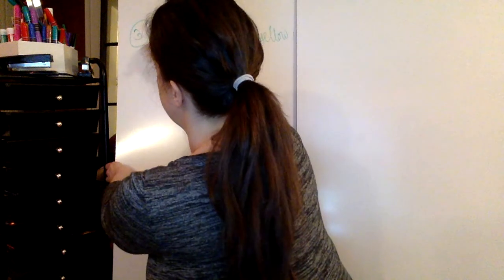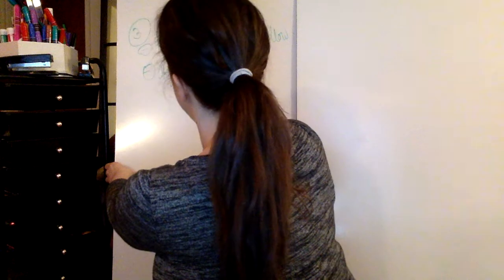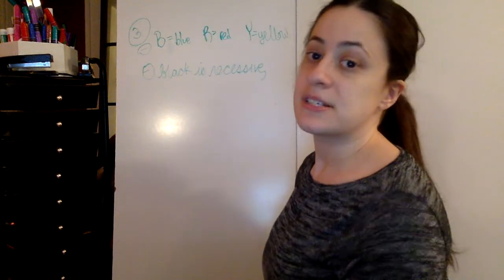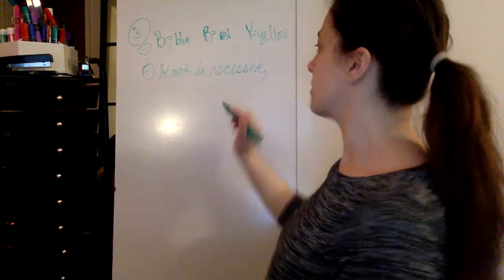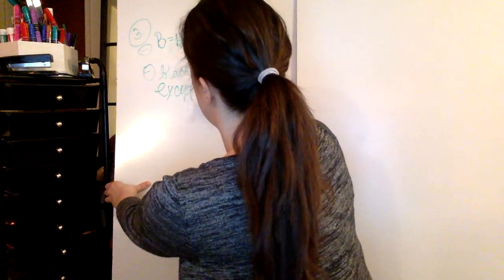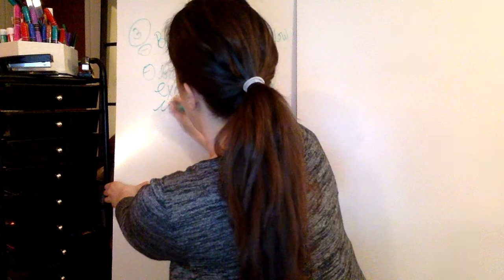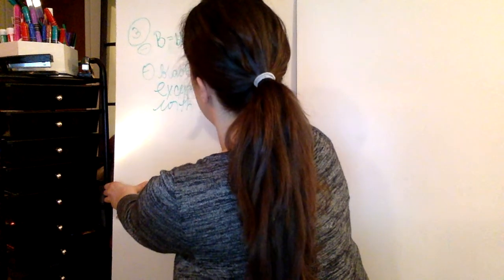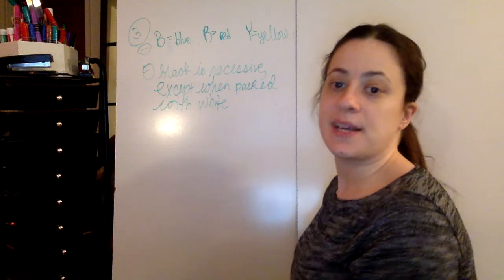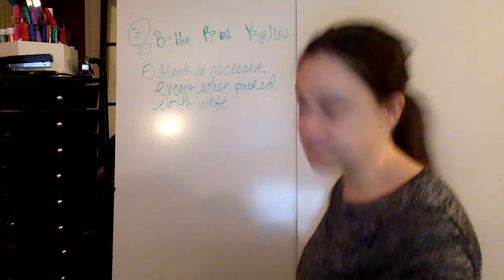So the answer is that black is recessive, except when paired with white. In general, both the black and white alleles are recessive. The only exception is if black and white are paired with each other.